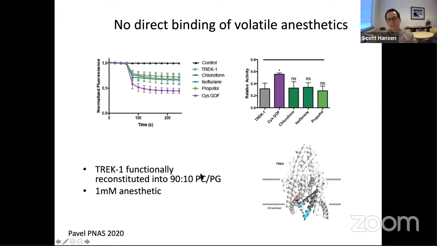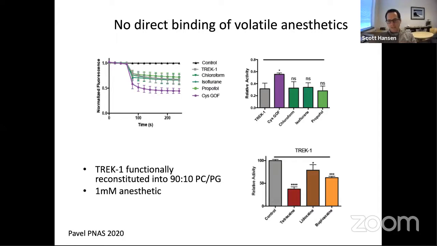And so this supports the idea that no, the anesthetics don't appear to be binding directly to the channel. Again, somebody could come and show that they are. I'm not saying that it's impossible, but so far we have no evidence that there's direct binding of these anesthetics to this channel. And so PLD is likely the mechanism.